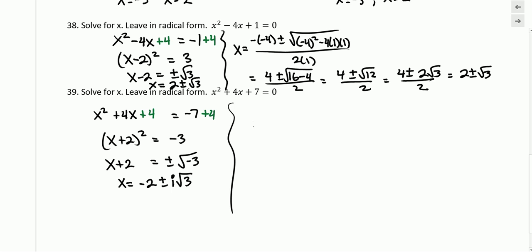And because it's the square root of -3, we write i root 3. If you use the quadratic formula, it'll look like this: -b plus or minus the square root of b squared minus 4ac, all over 2 times a.